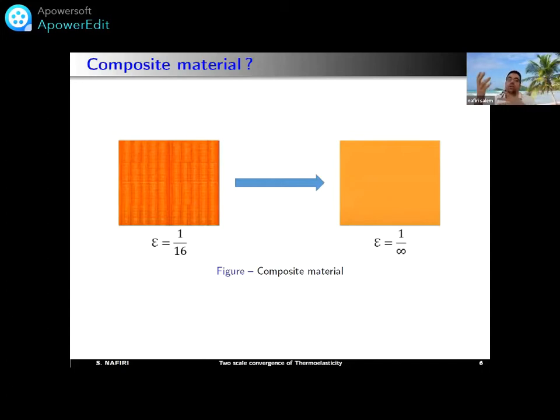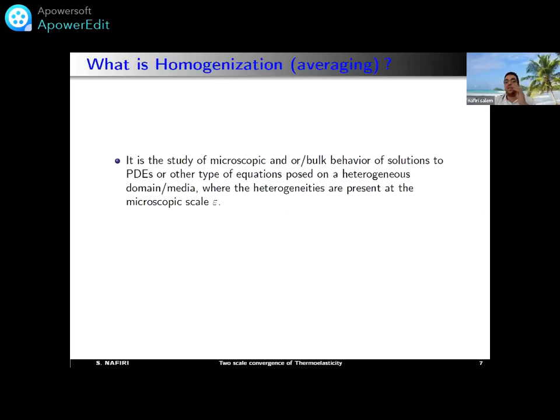So the question in homogenization is about asymptotic behavior. What is homogenization? We call it also averaging, because when you mix materials, you are looking for the best averaging, the best limit, the best homogenized composite, the best homogenized material.